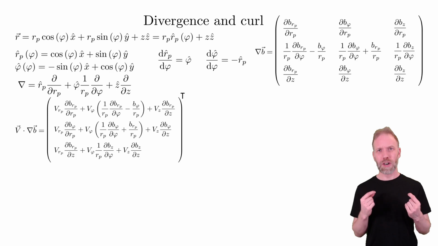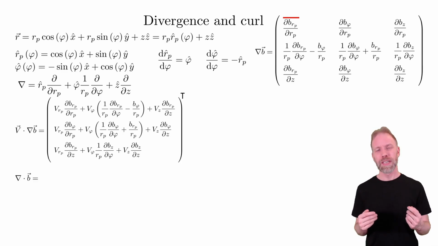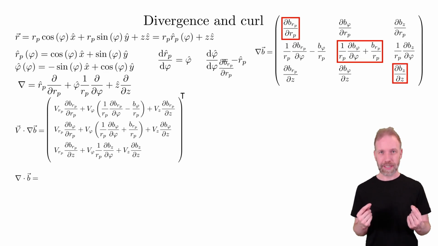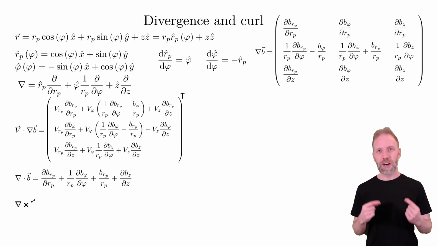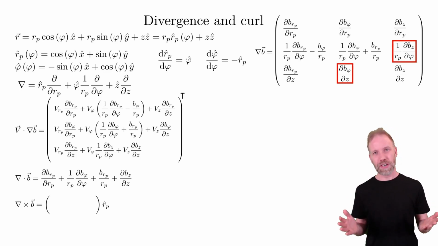The most common operations for vectors are the divergence and the curl. Similar to what we have learned before, the divergence is the sum of the diagonal elements of the vector gradient. The curl is given by the off-diagonal elements. Start with these for the rho hat contribution.